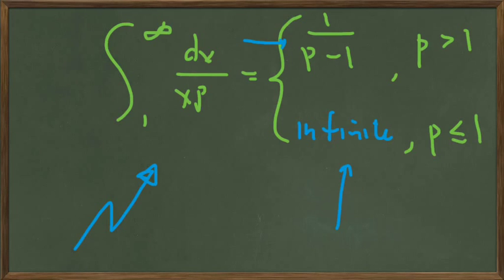This p integral, as it's called, turns out to be extremely important in the next chapter to help us understand for infinite series which ones are going to have finite answers and which ones are going to have infinite answers. So this concludes this video on improper integrals and concludes the set of videos for chapter 8.